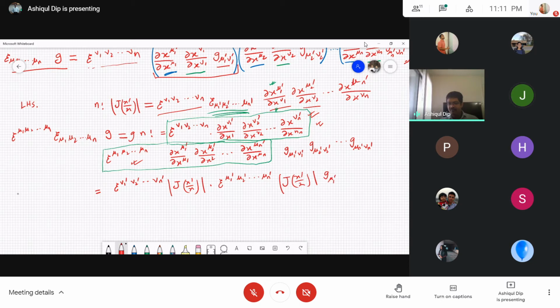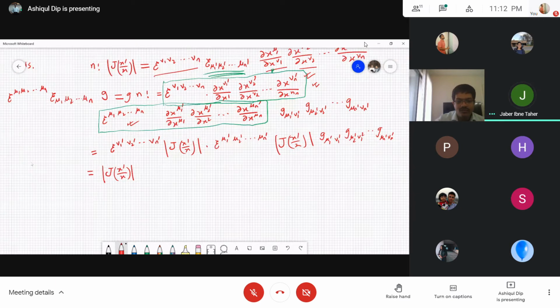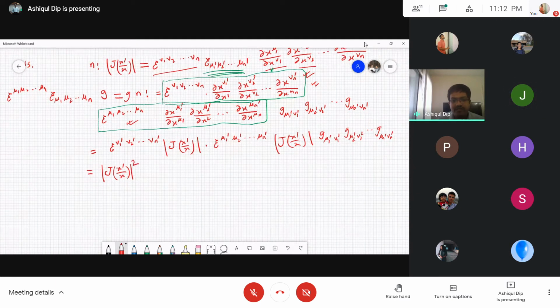G mu1 prime mu1 prime, G mu2 prime mu2 prime, up to G mu n prime mu n prime. So now you have your Jacobian determinant squared, right? The Jacobian determinant is squared, and what else?